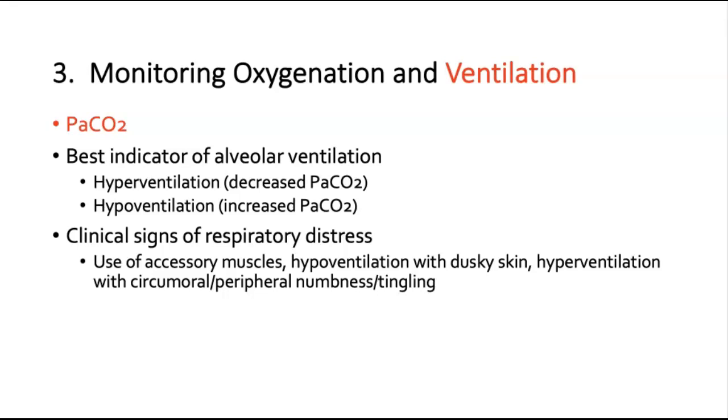The best indicator of alveolar ventilation is PaCO2: in hyperventilation you could have a decreased PaCO2, and hypoventilation is an increased PaCO2. Clinical signs of respiratory distress or poor ventilation include use of accessory muscles. With hypoventilation you could get dusky skin. With hyperventilation you could get numbness around the mouth and tingling.